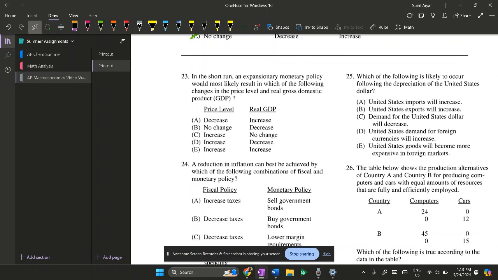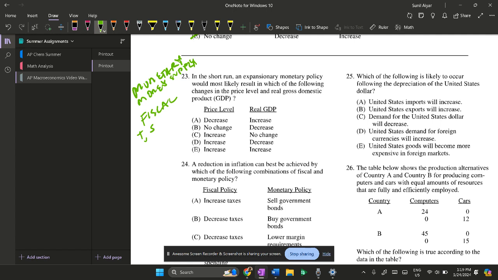23. In the short run, an expansionary monetary policy would most likely result in what? Okay, monetary policy, you've got to know this. Money supply shifters: remember DWR, RRR, and OMO. Expansionary fiscal is taxes and spending.